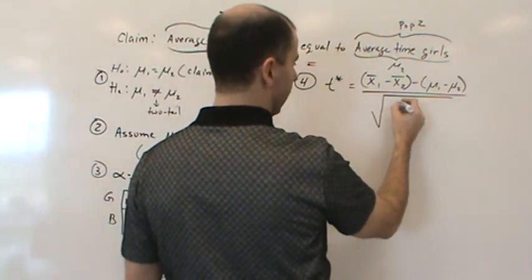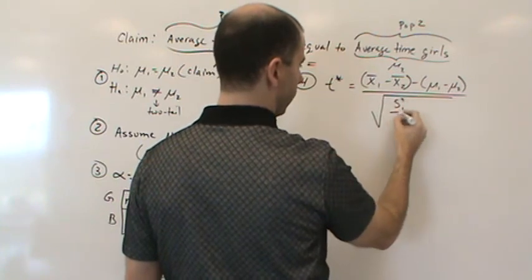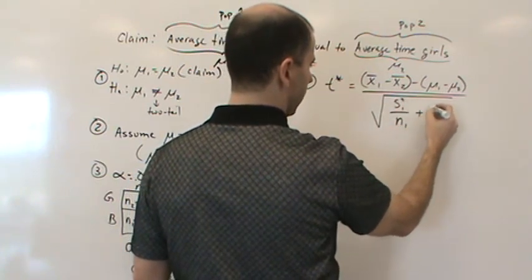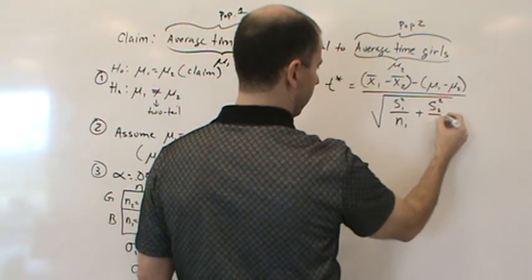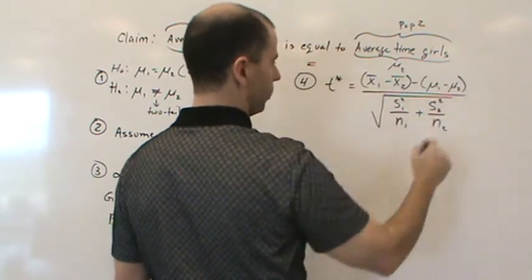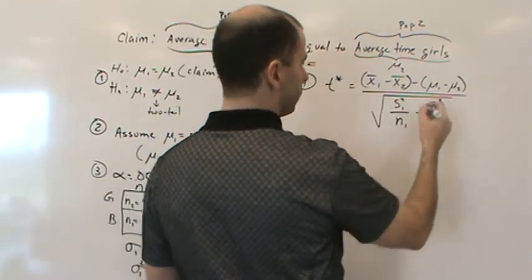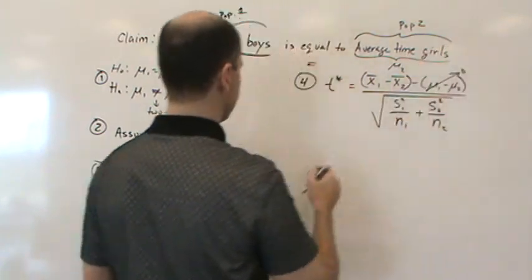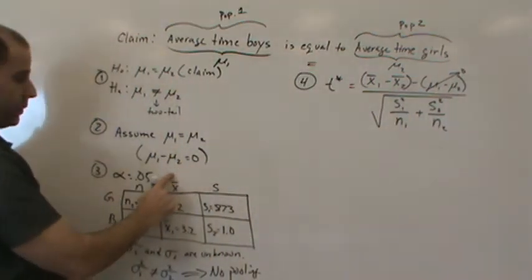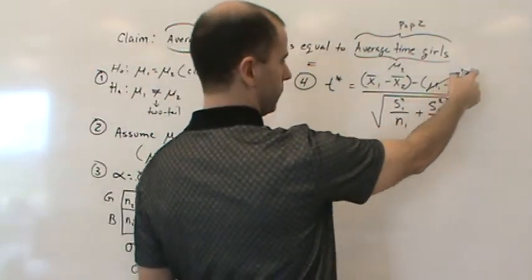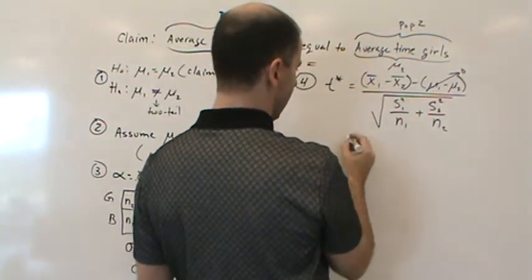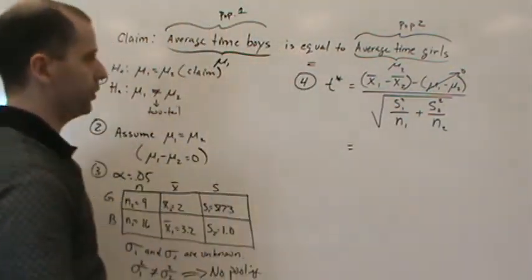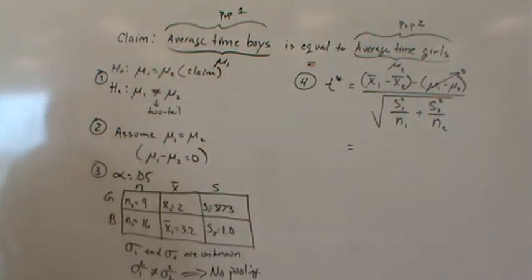So it's going to be S1 squared over N1 plus S2 squared over N2, and then take the square root of the sum. And this becomes 0 because under the null, we're assuming the difference is 0. So this difference becomes 0, and all we have is this. And of course, if we plug and chug, what do we get? Let's find out.